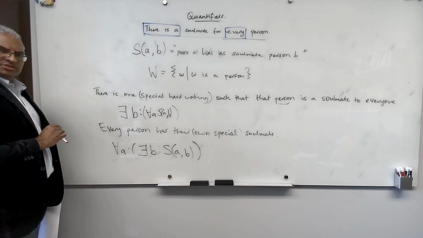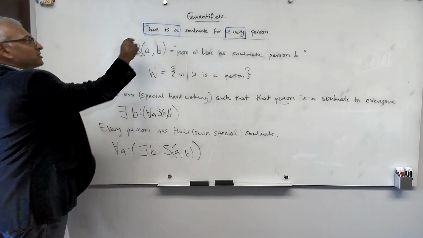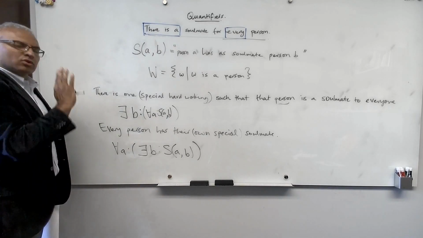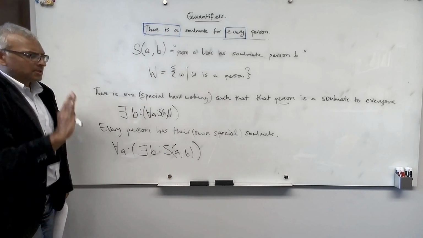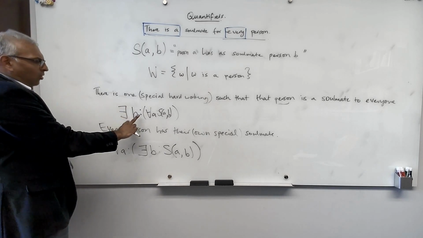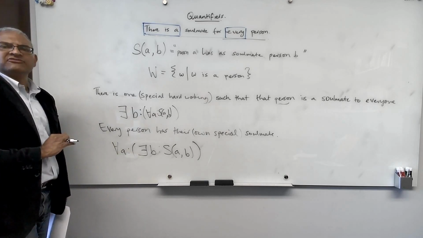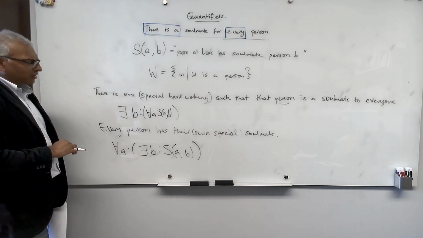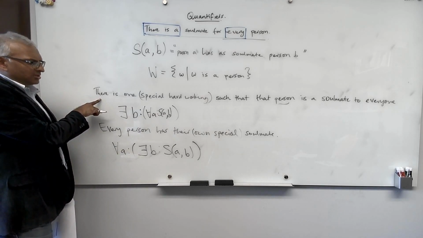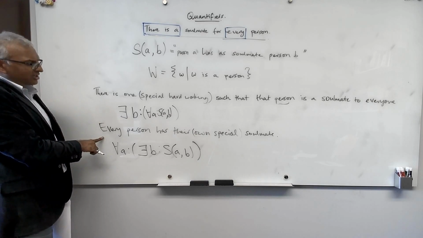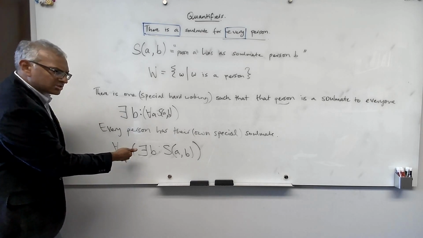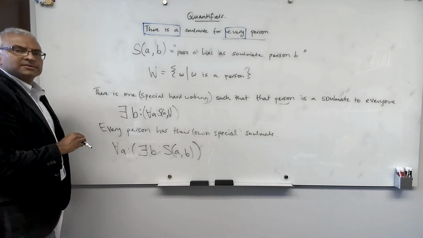Now, you will observe that these two interpretations of that complex sentence look very similar. The only difference is in the ordering of the quantifiers. So in going from this very hard to prove statement to this much easier to prove statement, the only thing that changed is the order of the quantifiers.